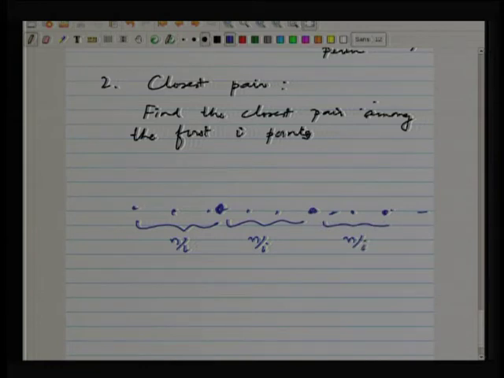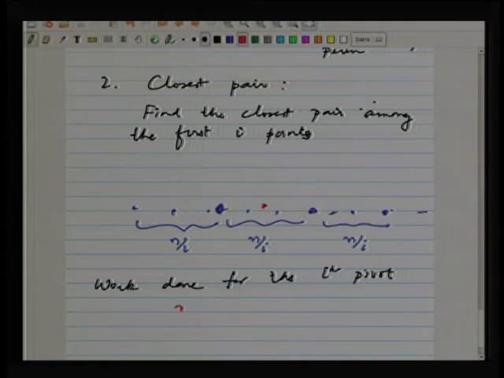Then you can do a calculation: the work done for the ith pivot, irrespective of where it falls, maybe it falls here, we are dealing with exactly n over i elements, and only these n over i elements have to be repartitioned, and the cost is linear in the number of elements. So, that cost is simply n over i.